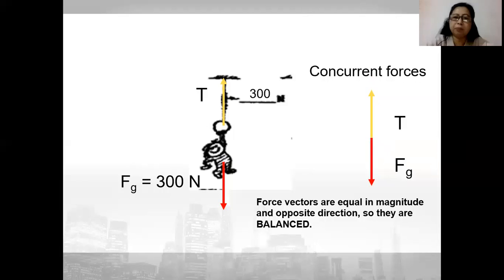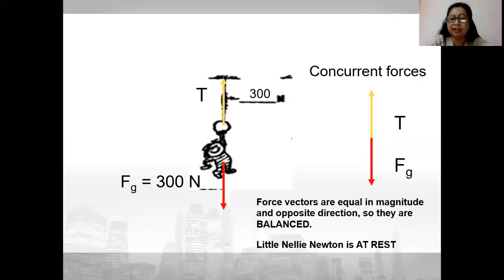So if you represent 300 Newton in terms of an arrow, you can use a scale of 1 centimeter is to 100 Newton. So you will have a length of 3 centimeters to represent 300 Newton. So 3 centimeters for tension and 3 centimeters for gravitational force, so that you represent the arrows in terms of force vectors.